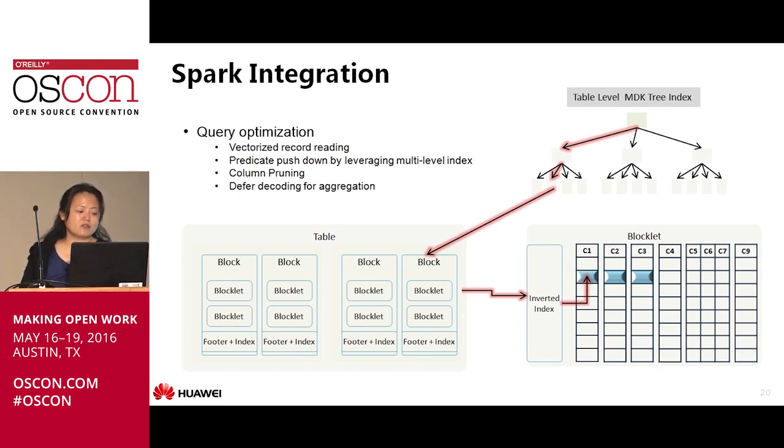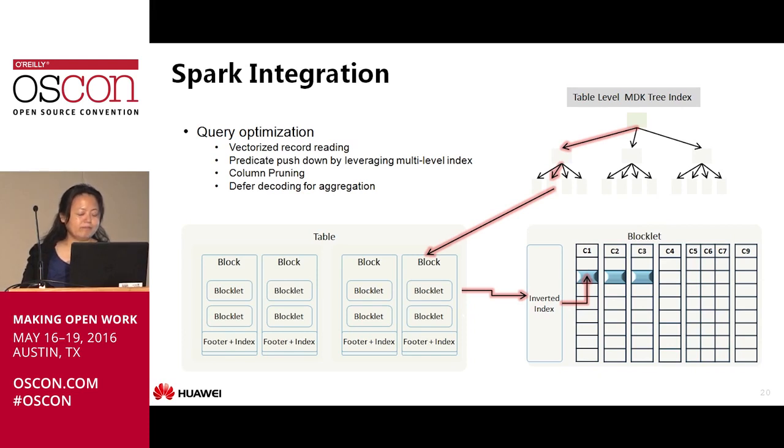Another major optimization we have done is predicate pushdown. Unlike any other columnar format, we achieve predicate pushdown by leveraging the multi-level index we introduced in the format. To give you an overview, at the driver side of Spark, you can load the file footer of each file of a carbon table to build a table-level MDK tree index. This in-memory MDK tree index can be leveraged to identify the files you need to scan.